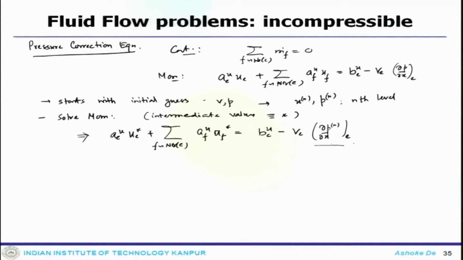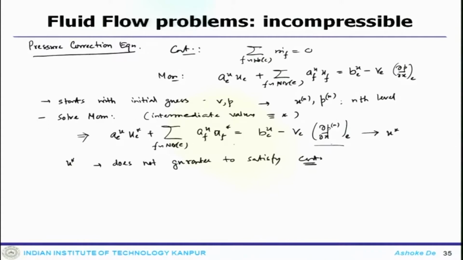Now, compute the velocity field u star, which satisfies the momentum equation. But this u star is not guaranteed to satisfy continuity.